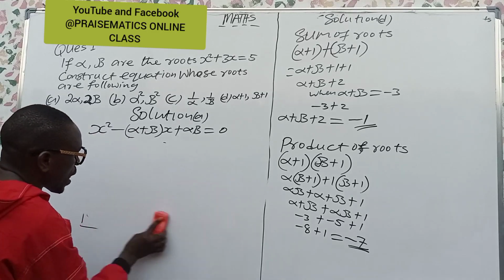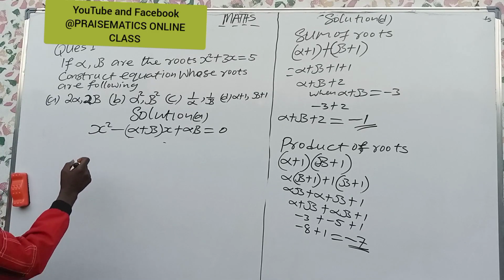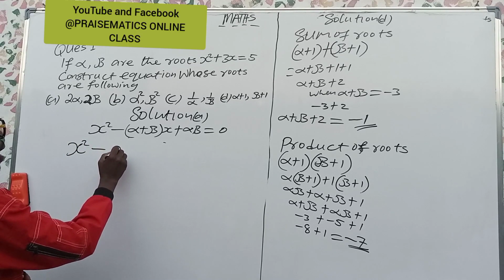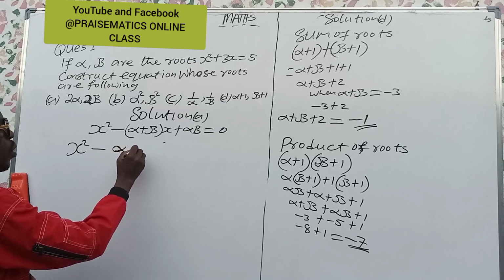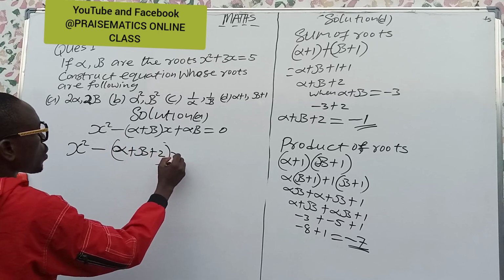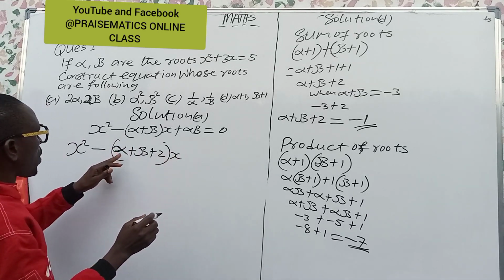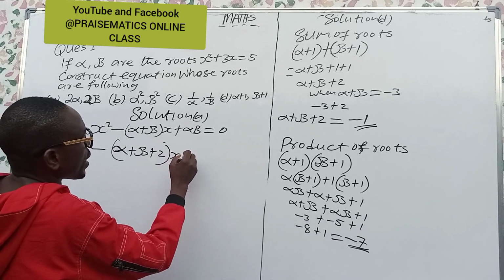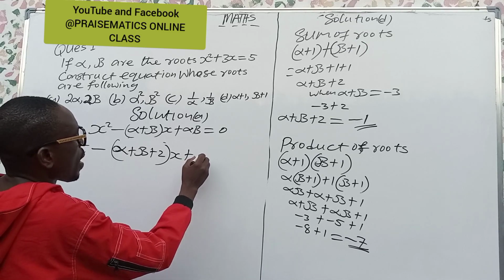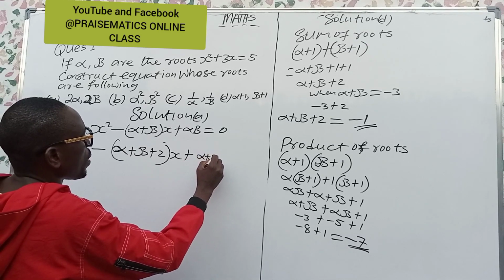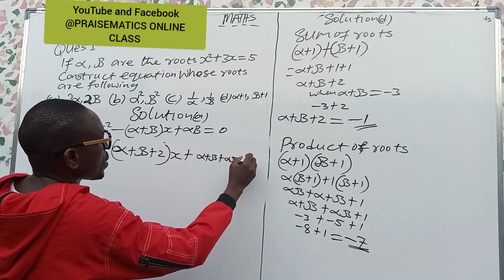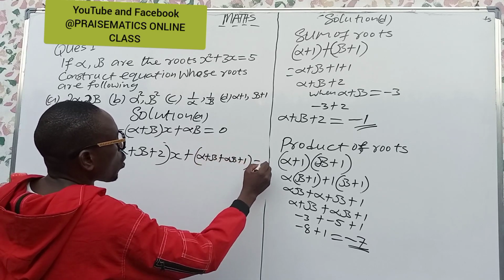We have x squared minus alpha plus beta plus 2, into x, plus alpha plus beta plus alpha beta plus 1, all equal to 0.